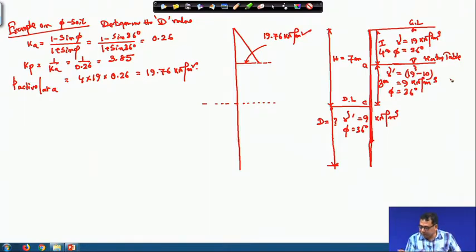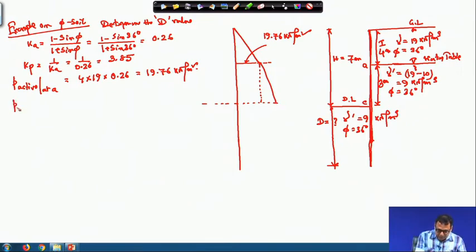Then there is a water table, so this will continue here as the phi value is not changing, and then this is another part. So this is the active force.